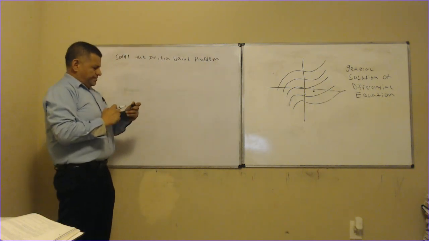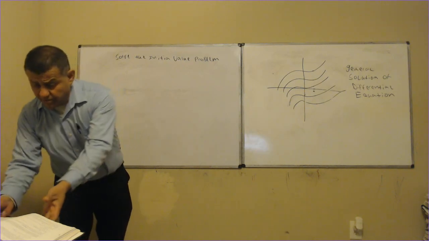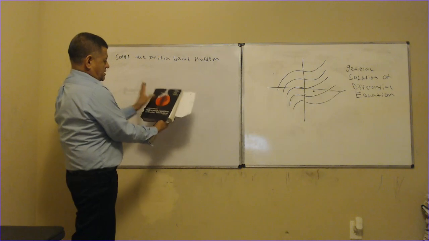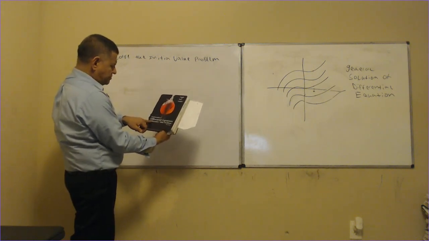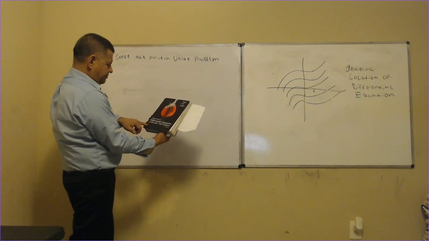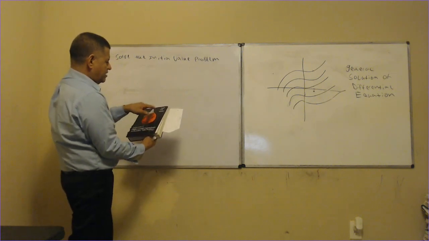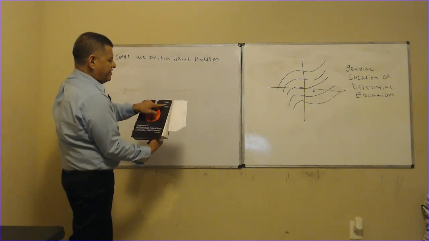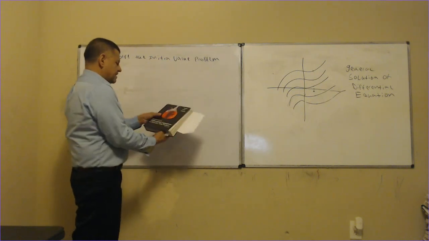Now, let's go to this book. We're doing problem number 17 in this book, Fundamental Differential Equations and Boundary Value Problems. The author is Nagle, Saff and Snider, and it has a little apple there.